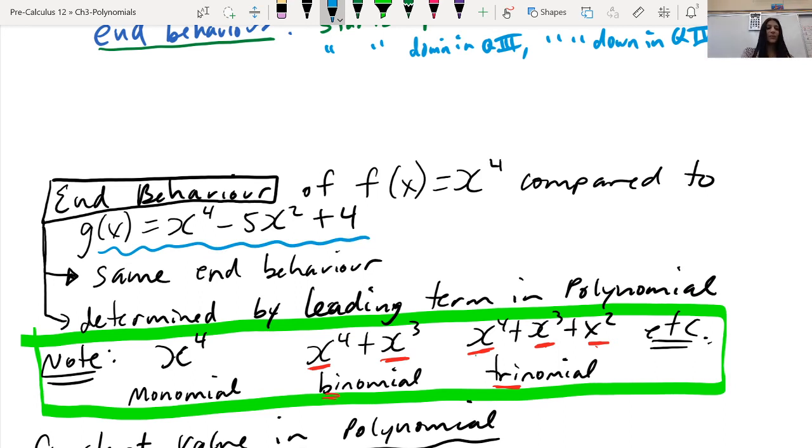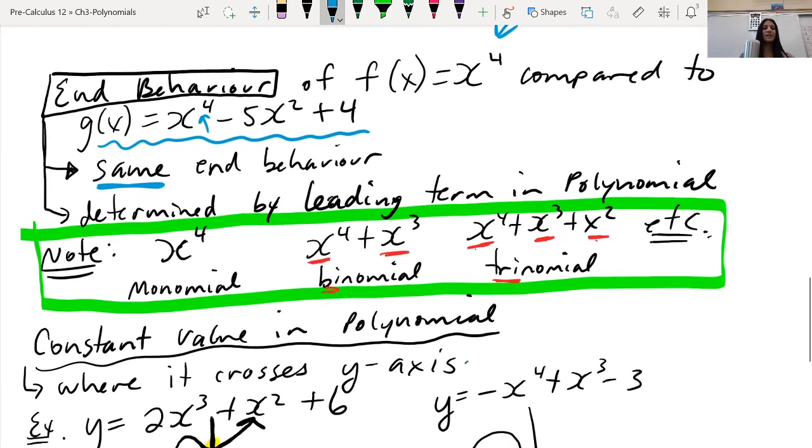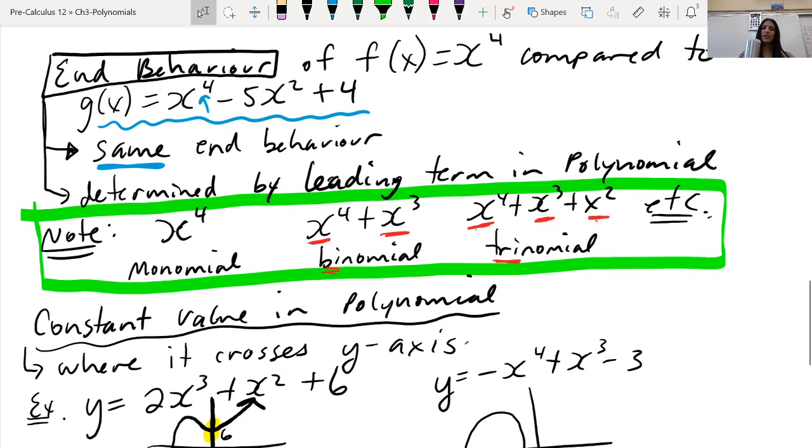The key here is that we would have the same end behavior, and it's determined by the leading term in the polynomial, meaning the fact that it's an x to the 4 is what helps us determine that. Okay, so it's nice to just have that written, but it's the stuff that we were talking about while looking at the graphs.